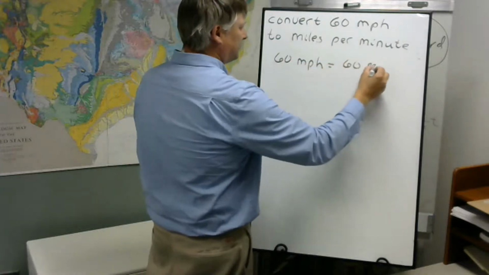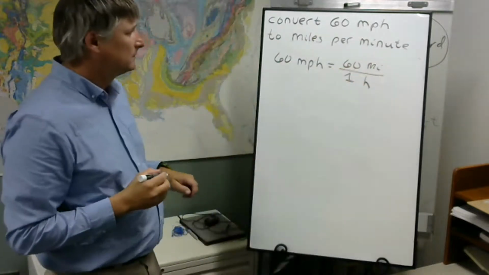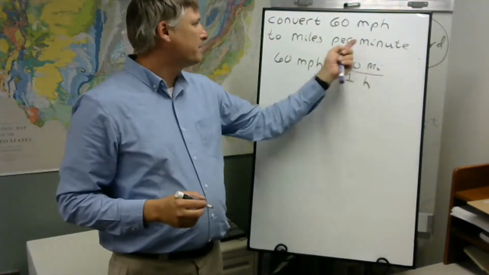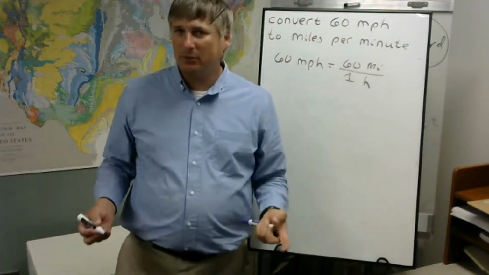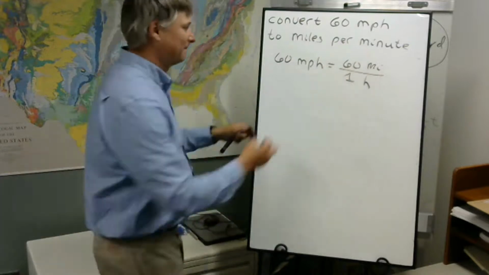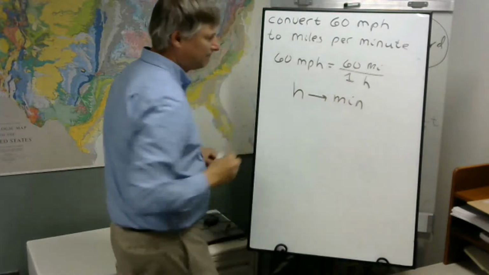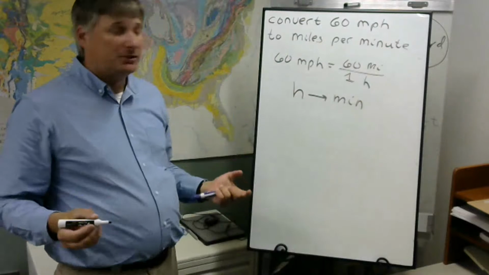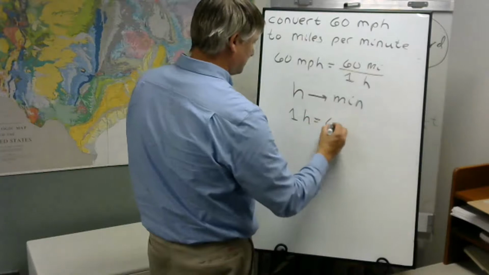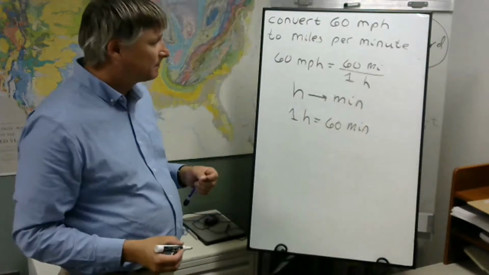That's 60 miles per 1 hour. So we want to go miles per 1 hour to miles per minute. Well, in this case, the miles we're not going to convert. We're going to convert the hours to minutes. And we have a relationship between hours and minutes. One hour is 60 minutes.